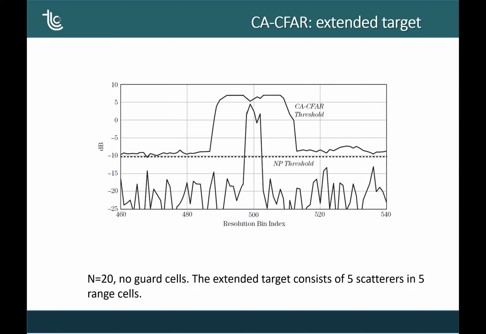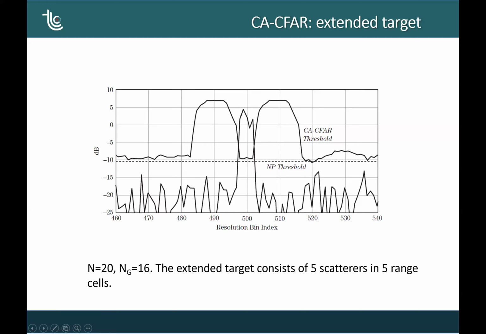So in calculating the power of the noise, suppose that we are here in the position of 500. If we take 10 range cells before and 10 range cells after the position of 500, we are considering also these samples of the target. So the threshold increases and masks the target itself, okay? So we have the self-masking.